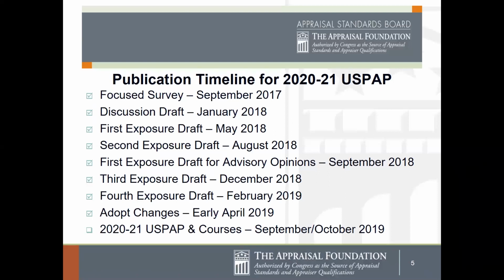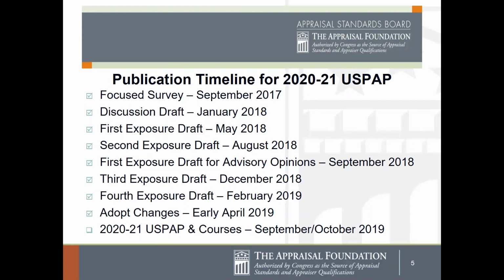We encourage you to look at that and to possibly take a course as soon as possible once they become available, so that you're aware of what the changes are in your practice before they actually become effective.